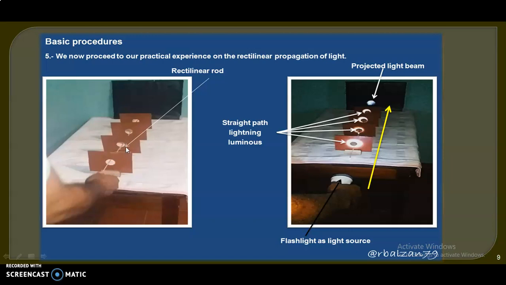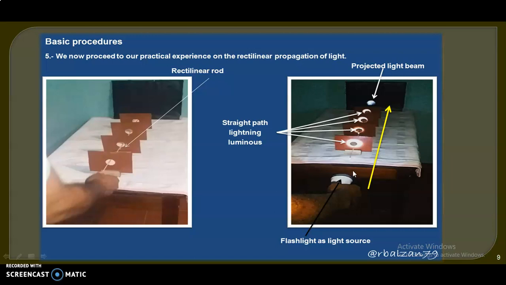Then we arrange these boards in a straight line on the table. On the other side of all the 4 boards, we have a black colored screen. Then when this arrangement is completed on the table, we take the flashlight or the torch.